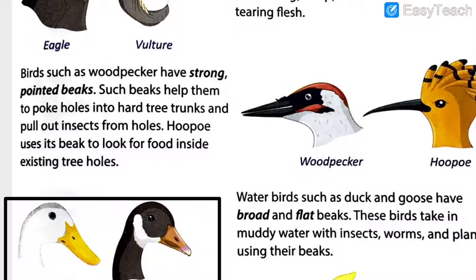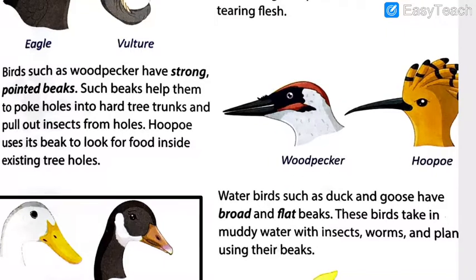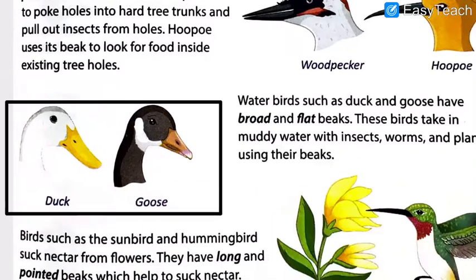Then next we saw the pointed beaks of woodpecker and hoopoe, in which we saw that the woodpecker can poke a hole inside the tree. The hoopoe cannot do that, but the hoopoe can take food from an existing hole in the trunk.